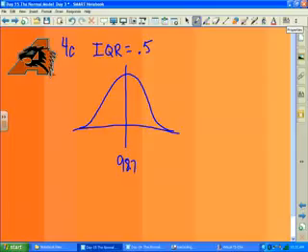So if I have an IQR of 0.5, there's my 75% and my 25% representing my IQR. If I have a distance here of 0.5, from here to here is 0.5. How much goes in each direction?